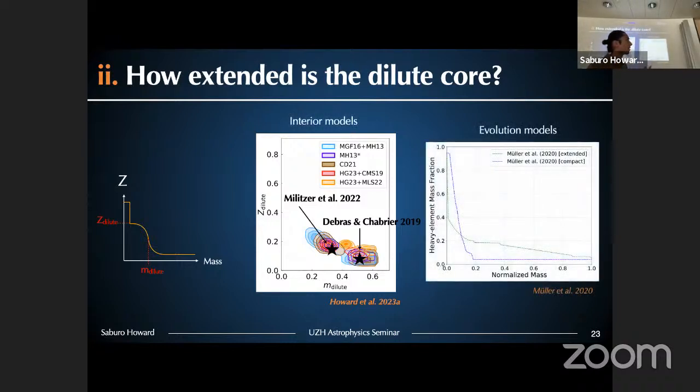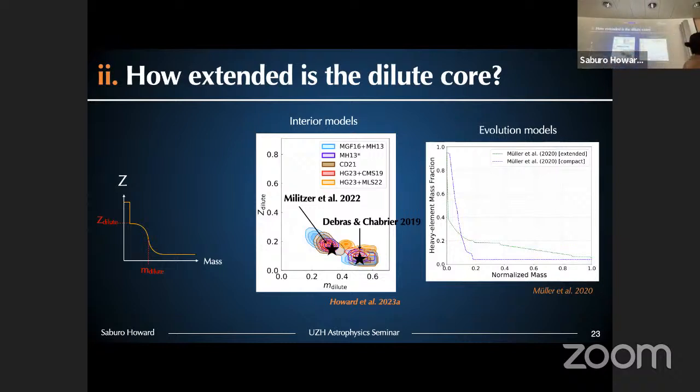And on the other hand, there are some evolution calculations, and this is work by Simon and Ravit, where they model the long-term evolution of the planet and the mixing of the heavy elements over the whole evolution, from 0 to 4.5 gigayears. And so what they did is to look at two different scenarios. In both cases, you have one primordial composition gradient or dilute core.